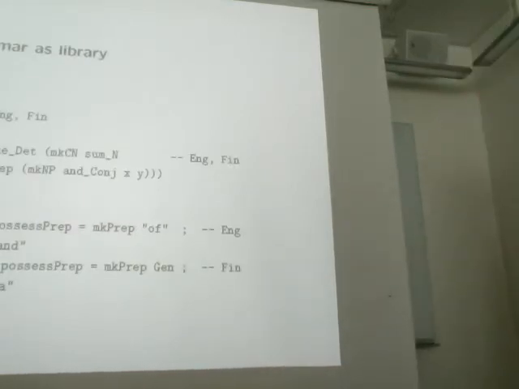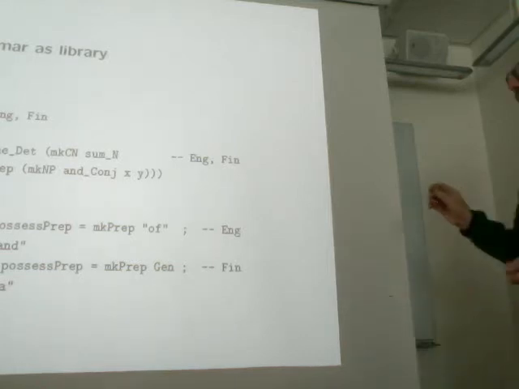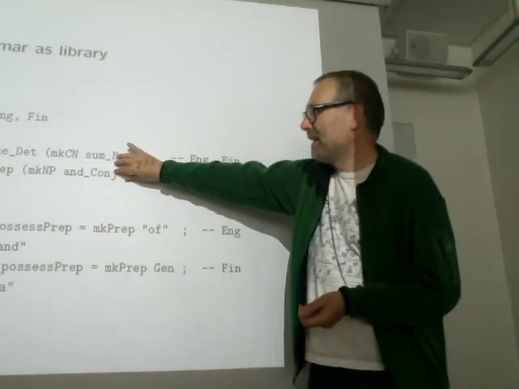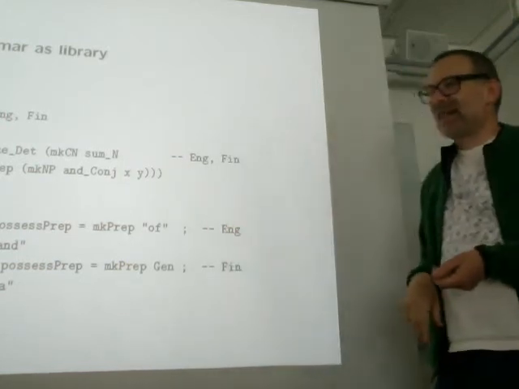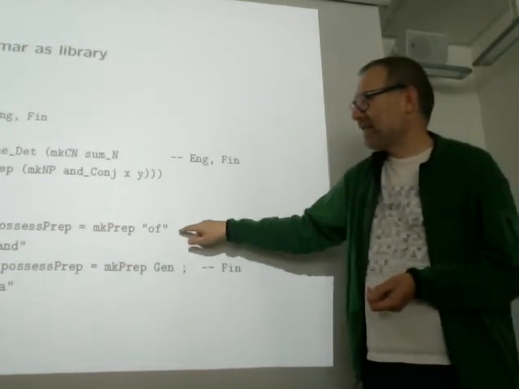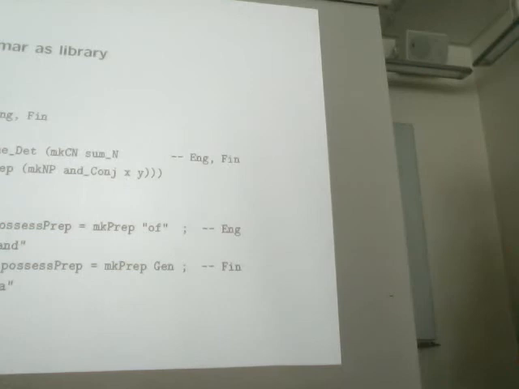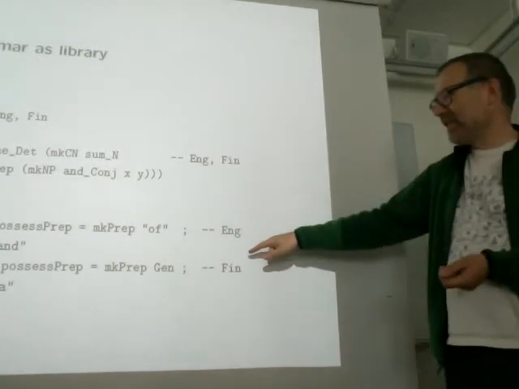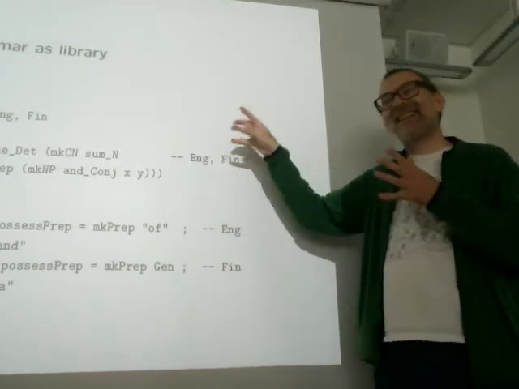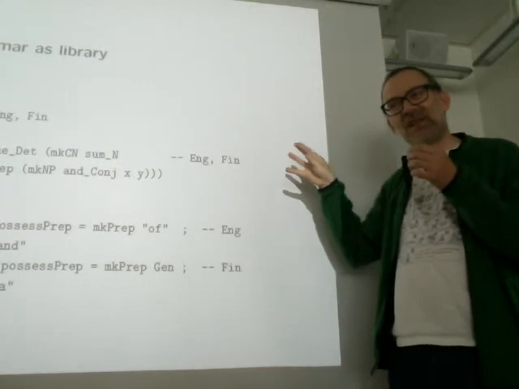So we use it as a library, and actually the library has the same API for all languages. So you can write in a generic way the sum of something, and then you just instantiate this to English and Finnish, which in this case happen to have the same syntactic structure.